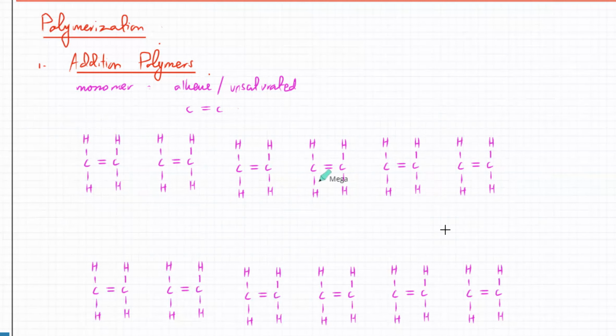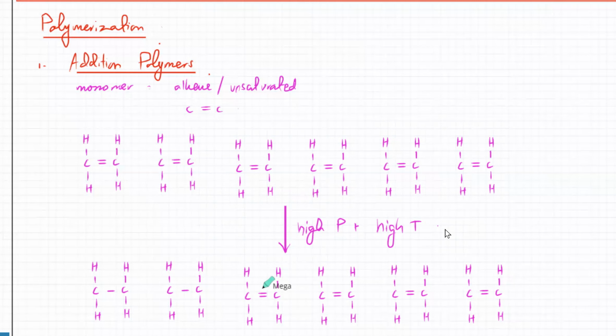So that's the reaction. Under high pressures, high temperatures, you compress them together, so all their double bonds turn into single bonds. So those are the double bonds vanishing.